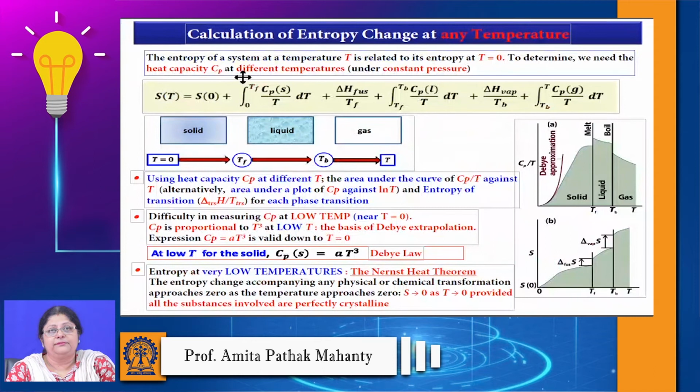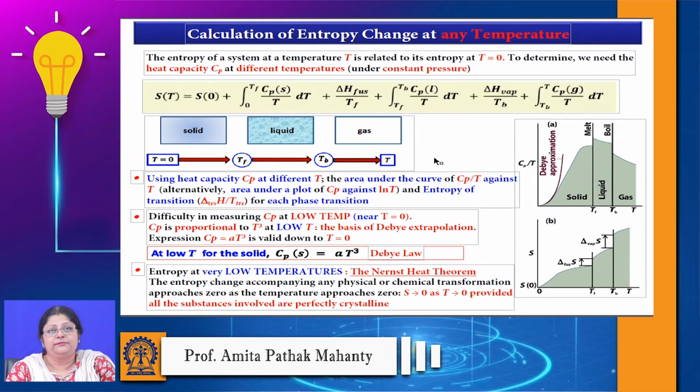So the entropy change of a system at temperature T is related to its entropy at T equal to 0. To determine it, we need to know the heat capacity at each of the temperatures, and that is the third law.